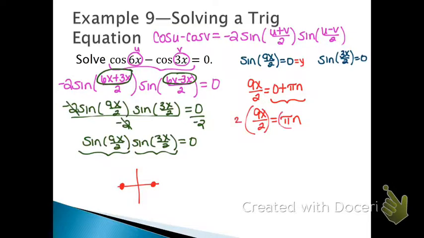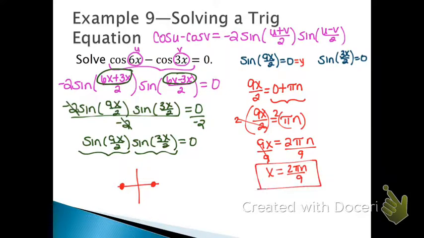Multiply by 2. So 9x equals 2 pi n, and divide by 9. So we find x equals 2 pi n over 9, where n can be any integer.